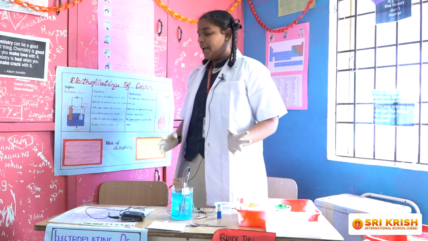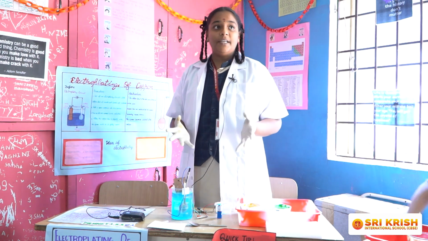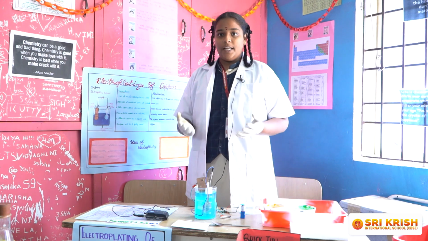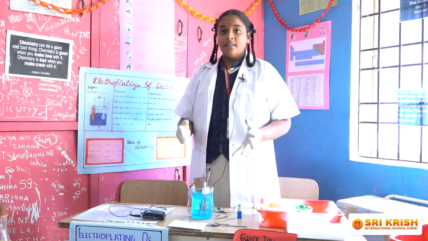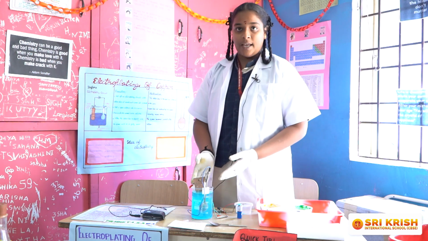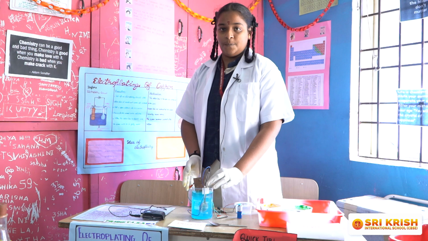Hi everyone, today I am going to explain about electroplating of copper. Electroplating is an electrochemical process by which a thin layer of metal is made to coat other metals. This is an electroplating circuit where the anode is a copper plate and the cathode is a steel spoon.